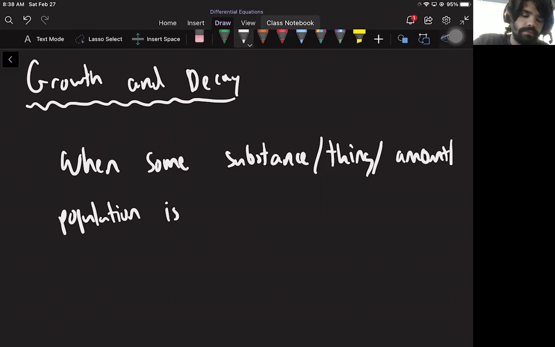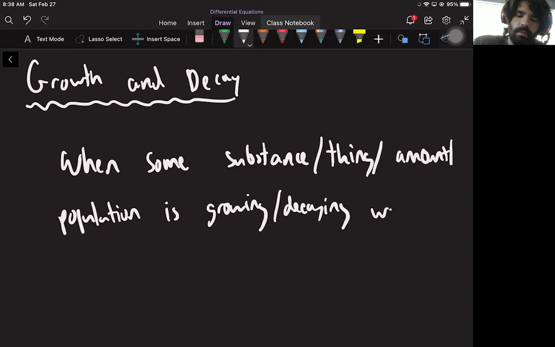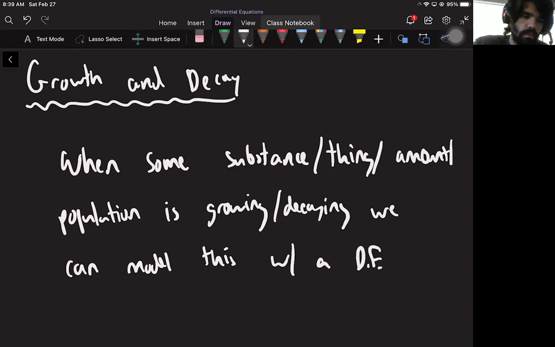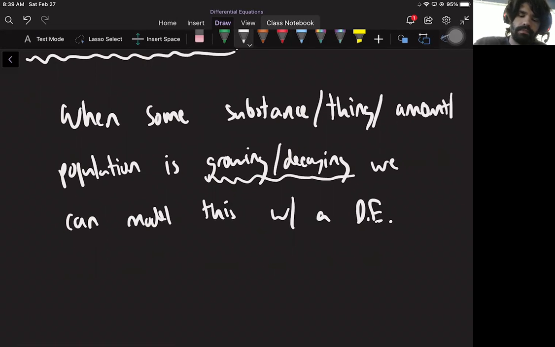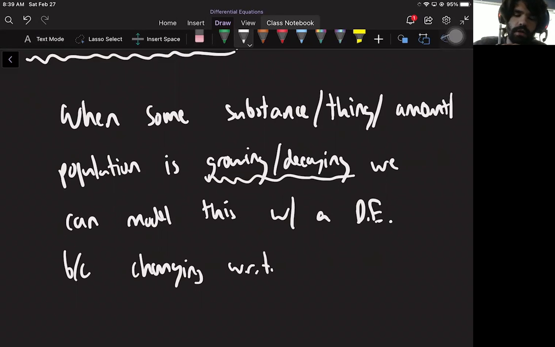So when it's growing or decaying, we can model this with a differential equation because growing or decaying means that it's changing with respect to time. And so we can bring in a derivative to describe that.